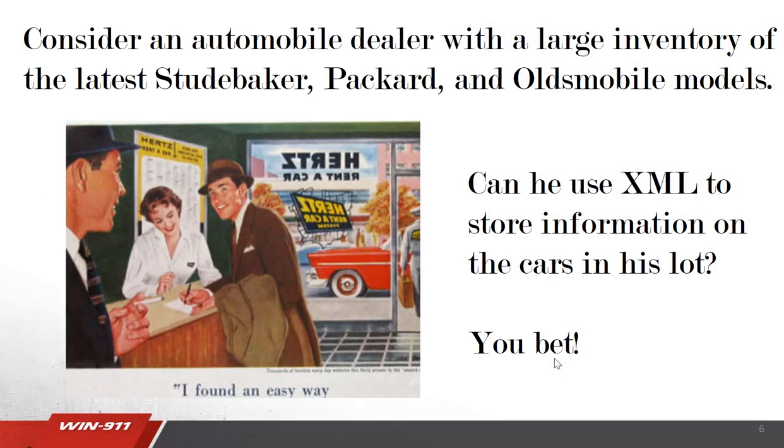So consider, for this example, an automobile dealer with a large inventory of the latest Studebaker, Packard, and Oldsmobile models. Could you use XML to store information on the cars in his lot? Absolutely.